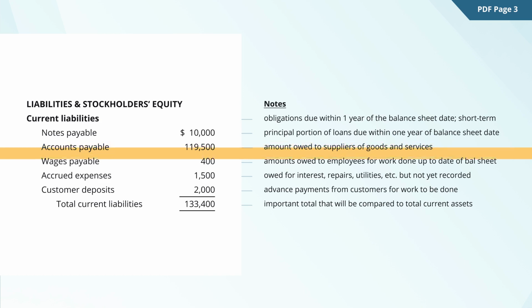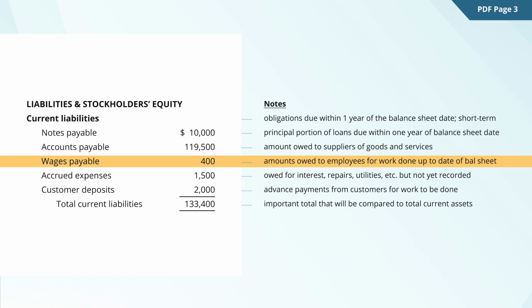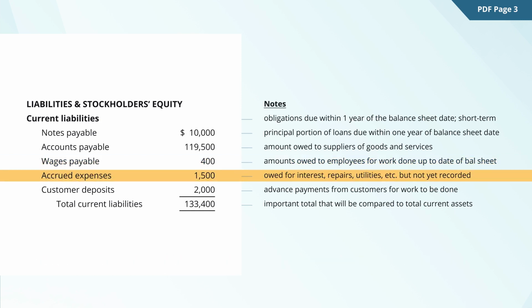And in other payables, so when you see terms like interest payable, payroll taxes payable, income taxes payable, those are indications that we have a liability. And then accrued expenses, those would be things that we didn't really get the invoice yet. So let's say our utility bill.